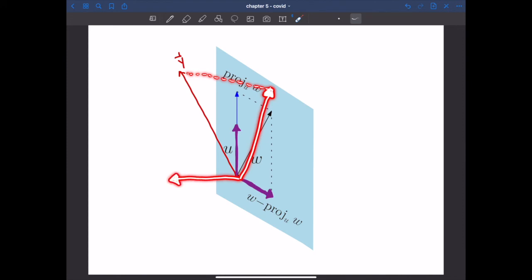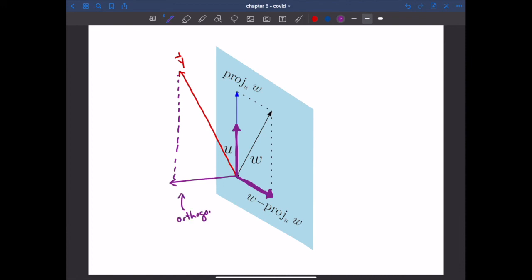And that's the vector I've drawn right here. So it's that orthogonal component of y that we would hang on to. And you'll remember we find this orthogonal component by taking the vector y and subtracting off of it the projection of y onto this blue plane here.